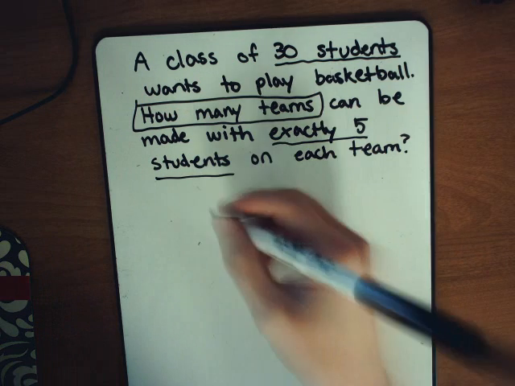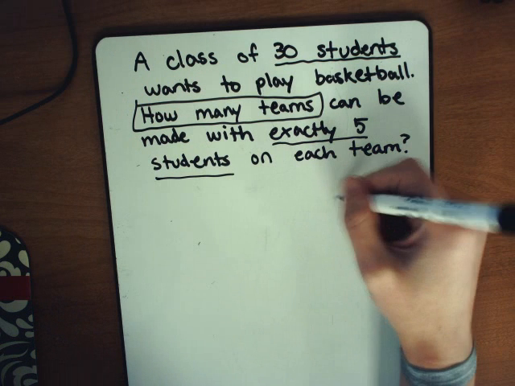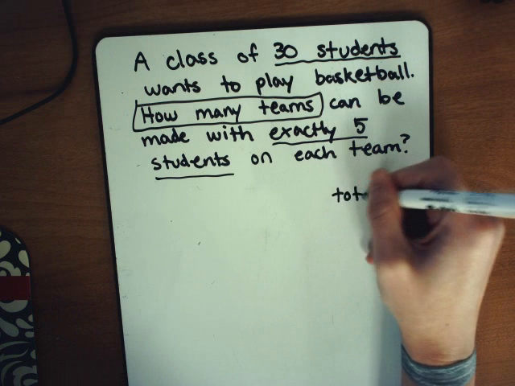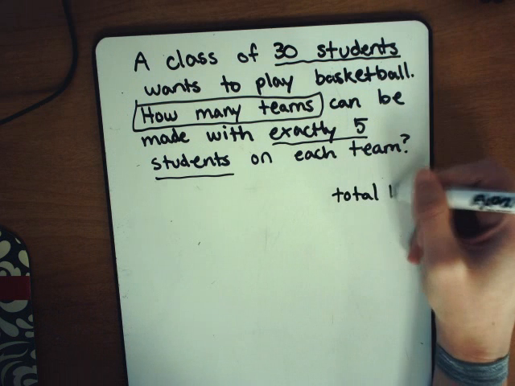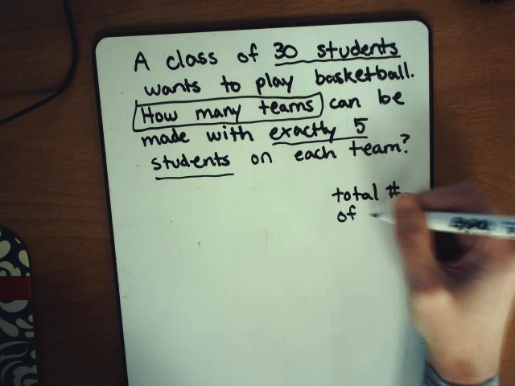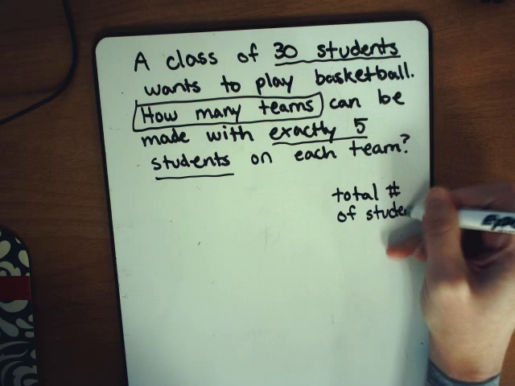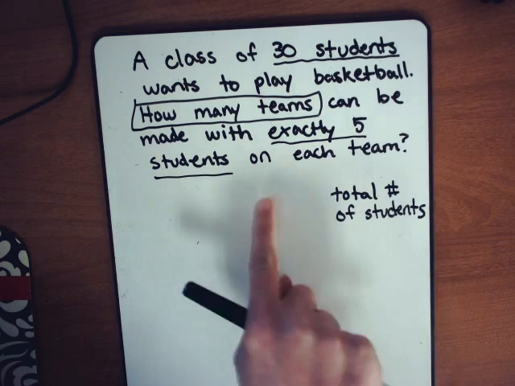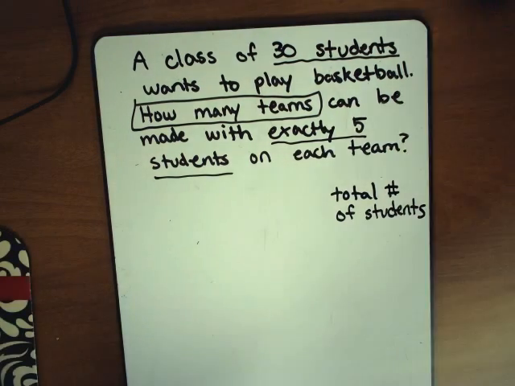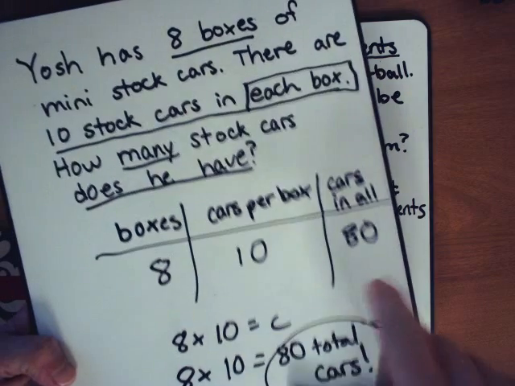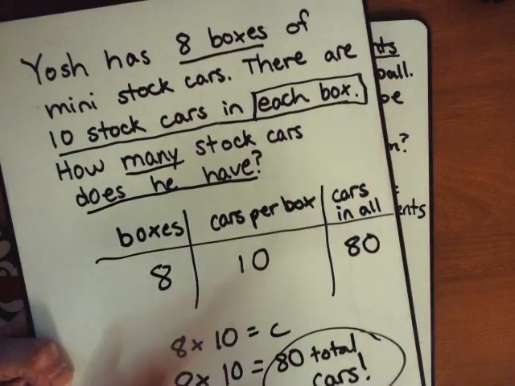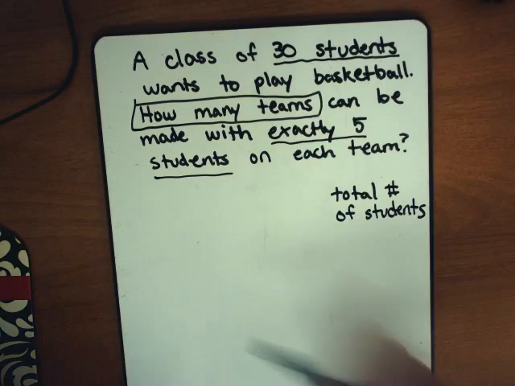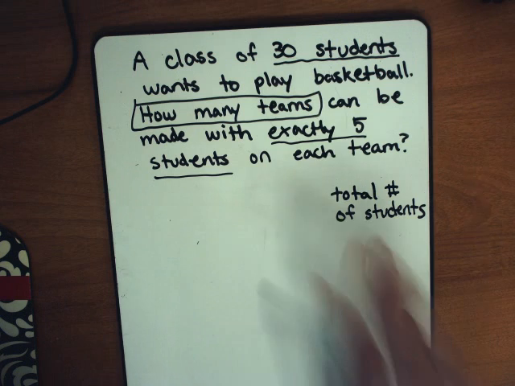So I'm looking at total number of students. Let's go ahead and write that down. I'm writing this over here because my total, just like when we did how many cars in all, I was on the right side. So my box is going to look like this. I've got total number of students.